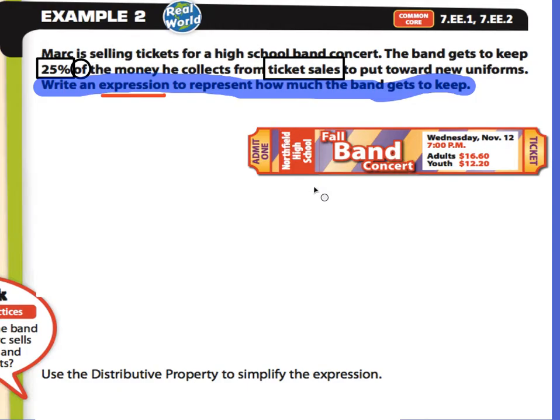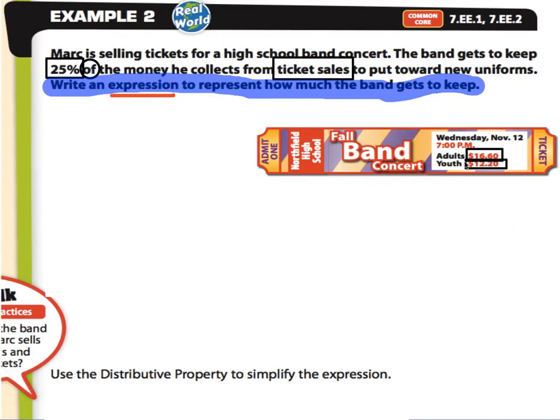This is where I have to look at the other information and see that the tickets are written down here, and that adult tickets are $16.60 and youth tickets are $12.20. So even though this information isn't up in the word problem, it's still part of the picture and it's still a part of the problem. All right, so you have to look at all the information and use everything that you can.